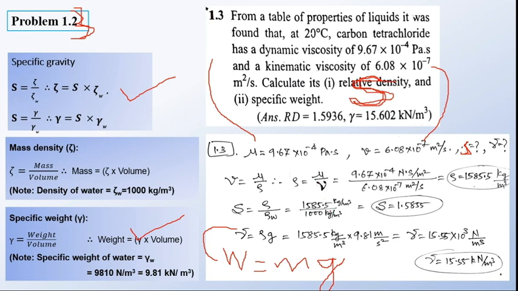So 15.55 kilonewton per meter cube would be the answer. So there we'll be able to stop. We have solved around 3 problems in this session. Okay, thank you.